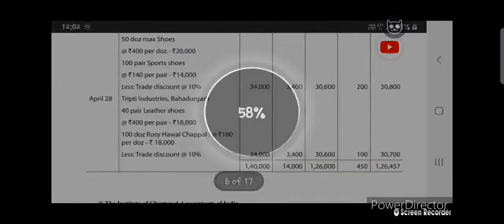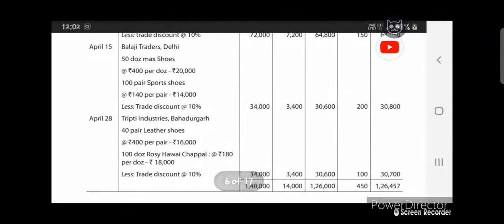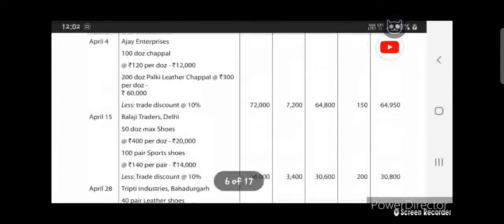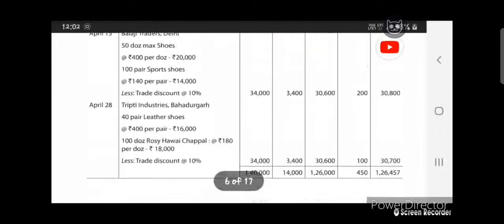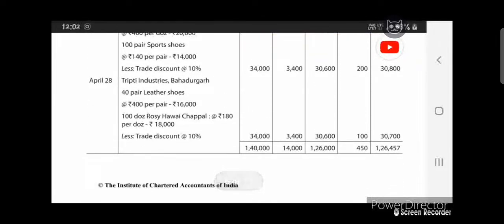In that, what you have to do is, the trade discount that they are giving is 14,000 rupees. They are giving that discount. Total discount here, in 1,40,000, 14,000 they are giving as trade discount.